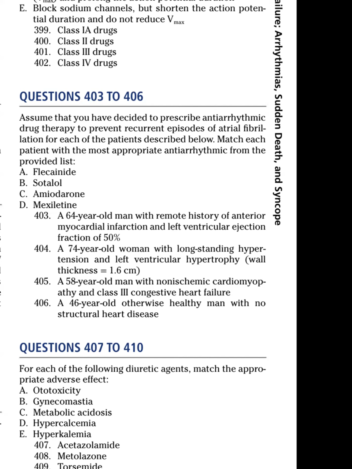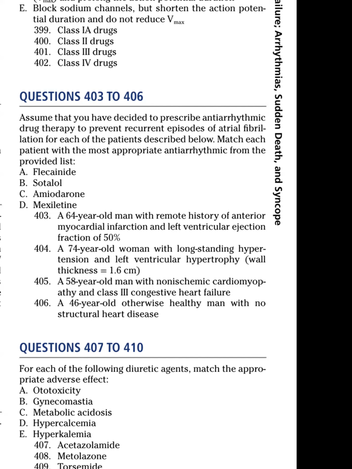When they have low ejection fraction, maybe non-ischemic cardiomyopathy with low ejection fraction or congestive heart failure, you still use class 3 drugs, but for them, you consider more of amiodarone. So for 405, I will be picking amiodarone, which is option C. Now we are left with 404.